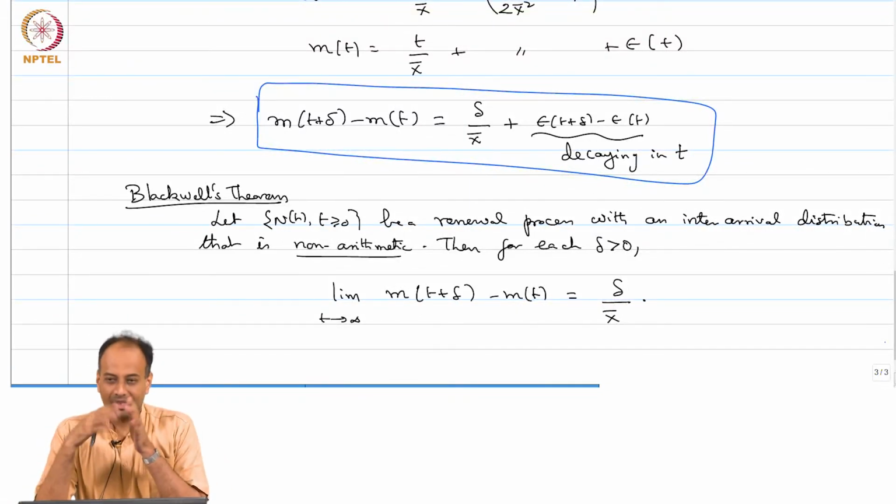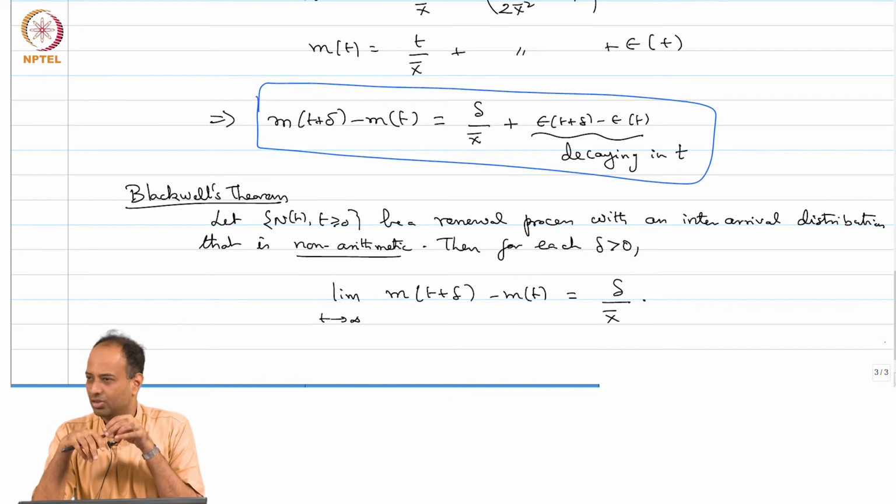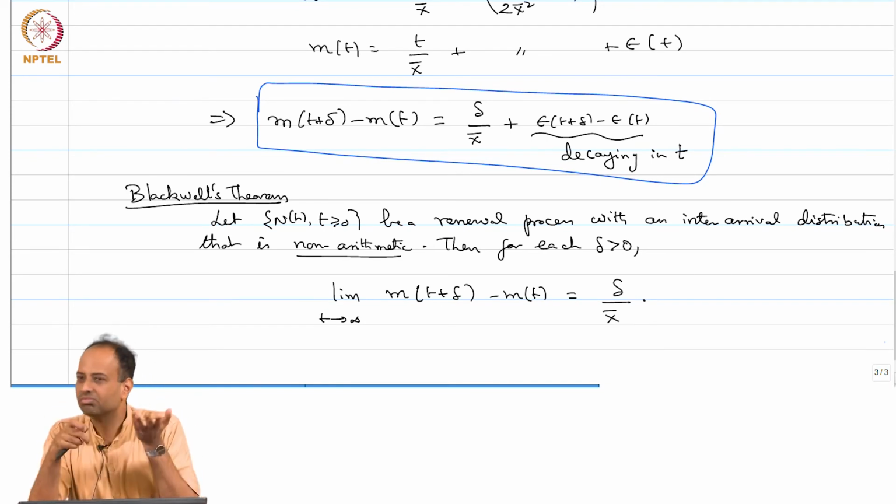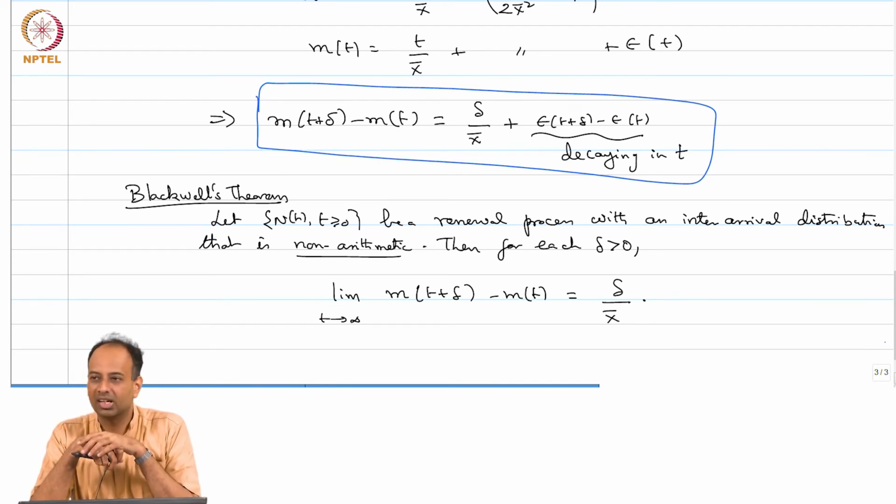See, I am looking at some t plus delta, right. Delta does not have to be small, this is true for any delta greater than 0, but you are looking at some t and t plus delta. Now, suppose I have a renewal process in which the interarrival distributions are always integers. Renewal occurs at some integer, let us say 1 or 2 or 3.